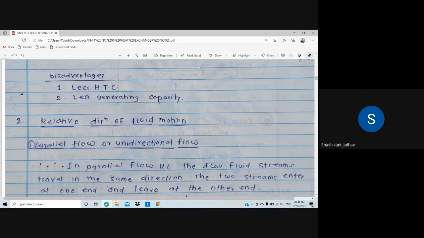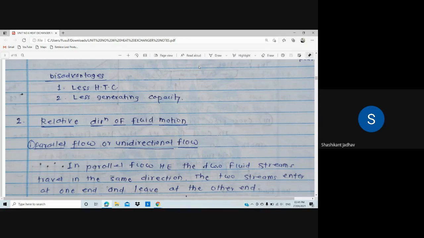Write down, second, according to the relative direction of fluid motion.